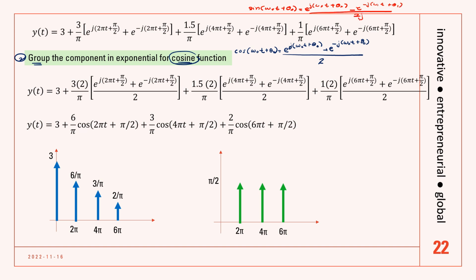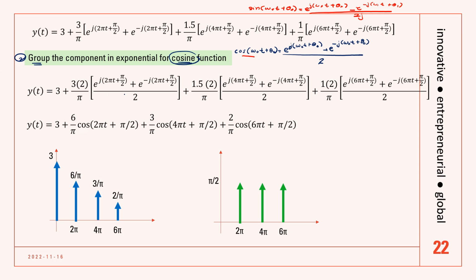So you're going to have 2j down here for sine. So I always do not recommend you go to this sine. Please go to this cos, go to the cosine function.